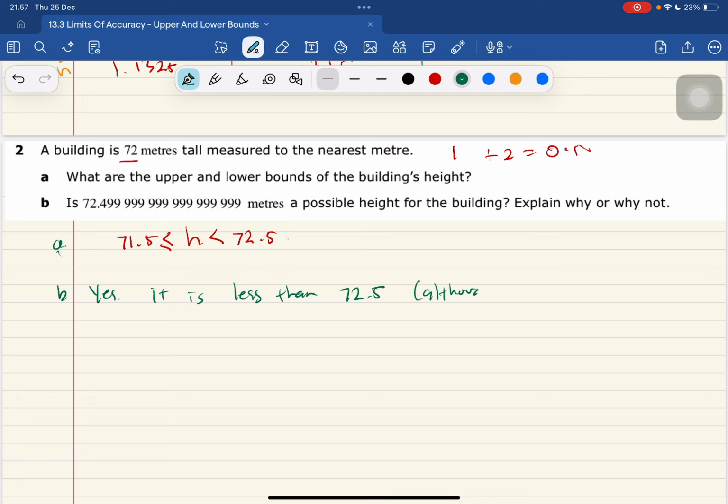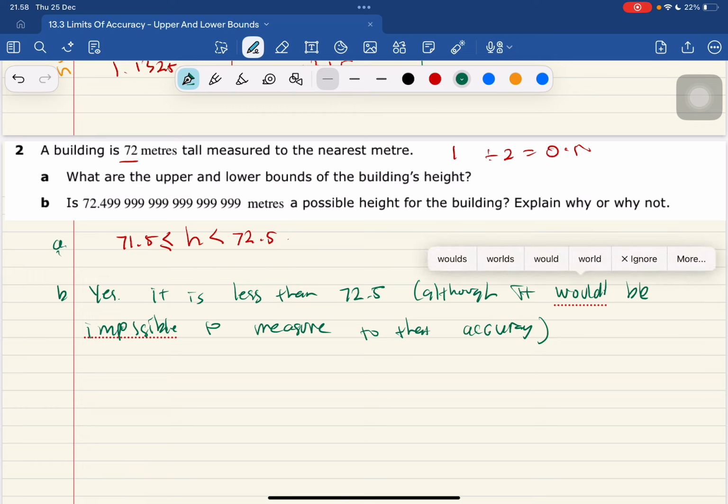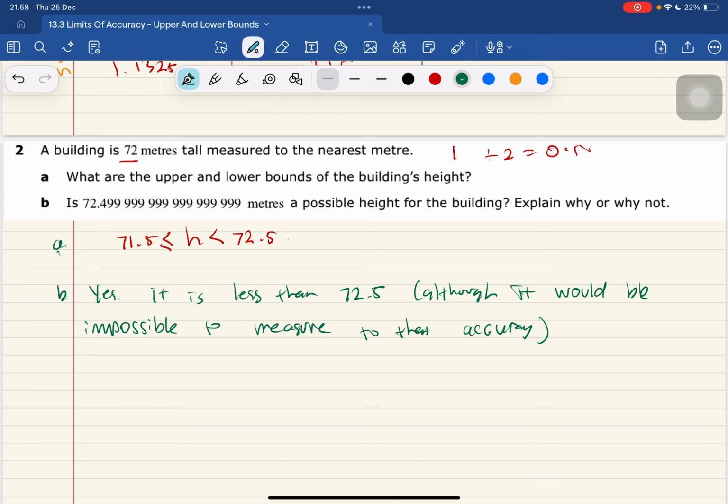Although it would be impossible to measure to that accuracy, since this is less than 72.5, it is possible. So let us check it.